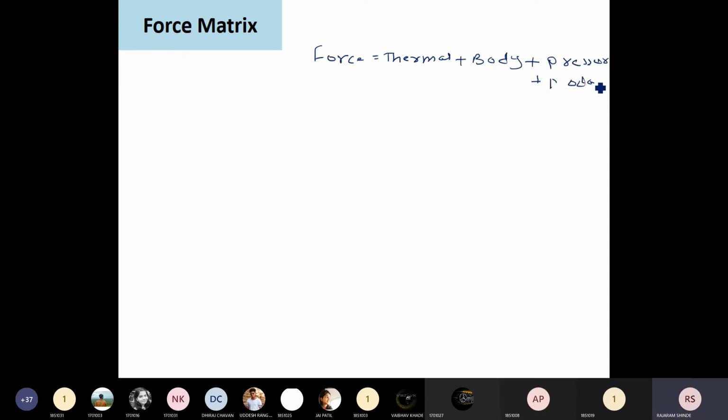By considering all of these, we are going to calculate the total load. See here, in the first unit we have taken only nodal load. Here we will consider all the loads.